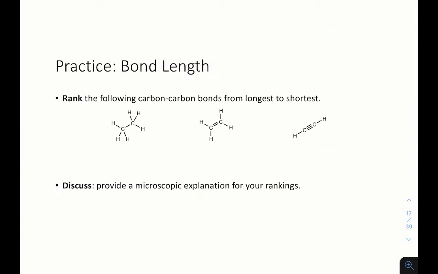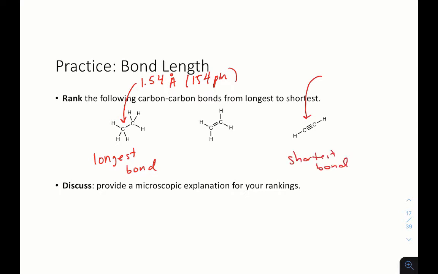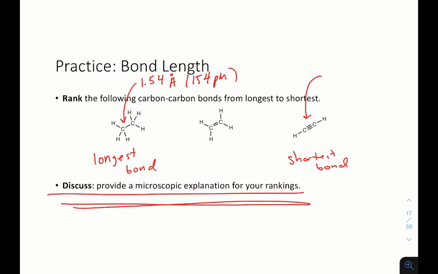It comes as no surprise to us that the longest bond is the carbon-carbon single bond with a characteristic bond length of about 1.54 angstroms, or I'm sorry, I can't stop myself from using angstroms, or 154 picometers. And then the shortest bond is the triple bond. So we're not surprised about that. We just said that. But can we provide a microscopic explanation for this phenomenon?